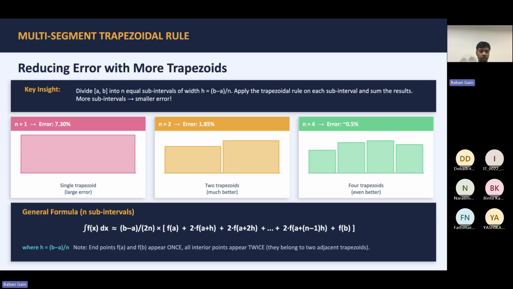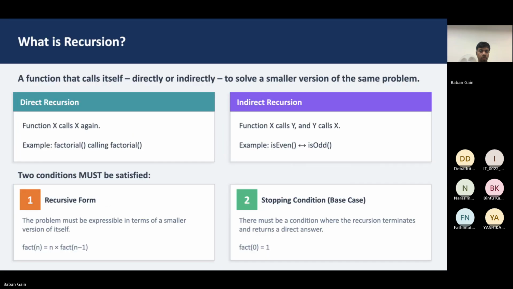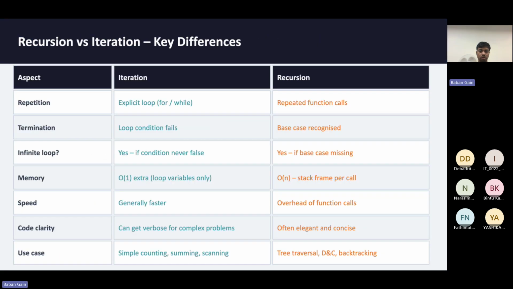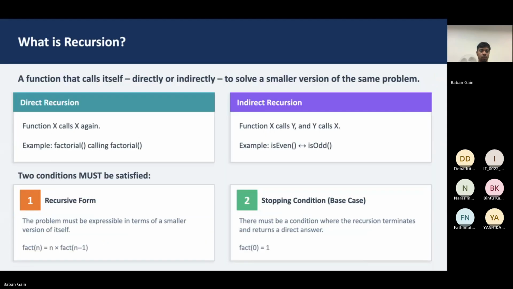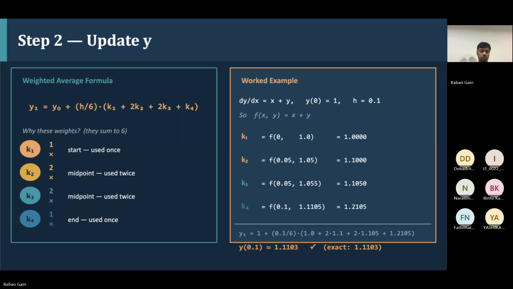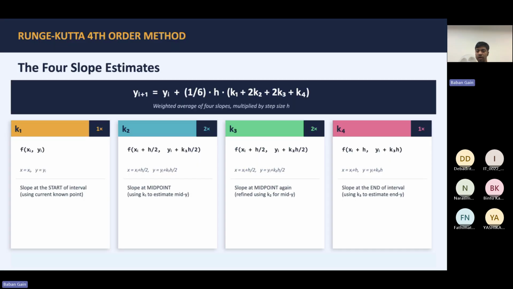I had some illustration. Let me just check once. Okay, I'm unable to find the illustration here. Maybe I can present it to you later. Okay, I'll keep it ready.